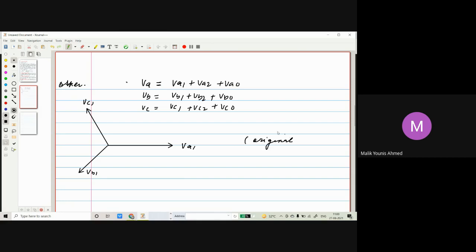Somewhere it's anti-clockwise, but in India we consider the original phasor clockwise. So it will have the same phase sequence A, B, C in a clockwise direction. So this is the positive sequence components.